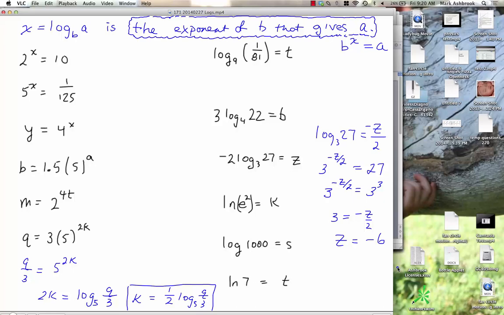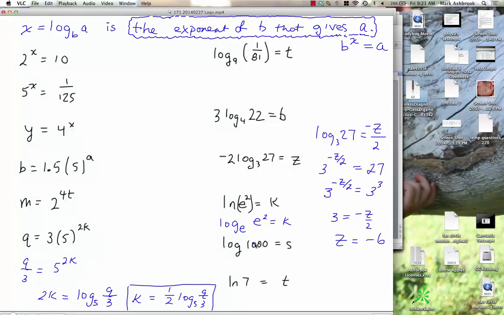Questions? Okay, how about what's going on here? When you see ln, what is that exactly the same as? Log base e. What is a log base e in general? Log base e is an exponent of e.